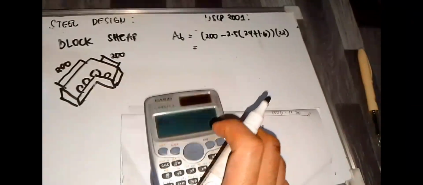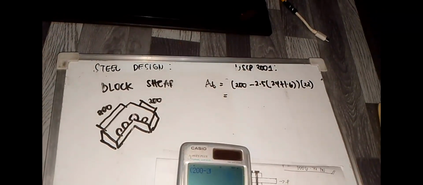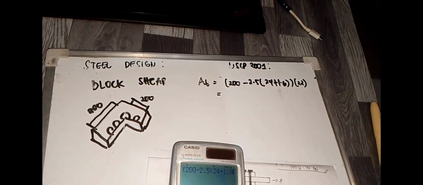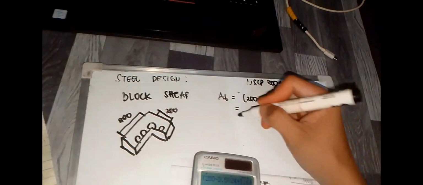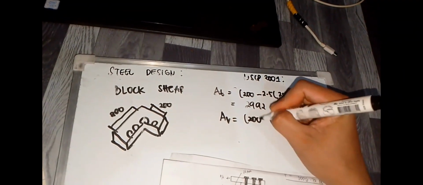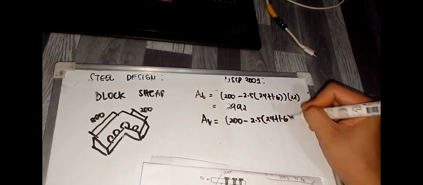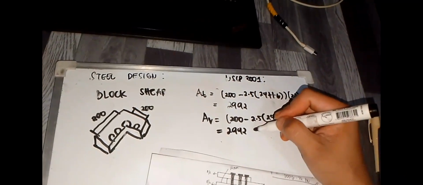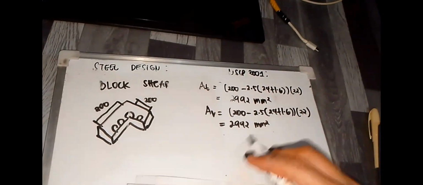So compute: 2,992. The shear area is 200 minus 2.5 times 24 plus 1.6 times 22. Since they are the same, the area is also 2,992.